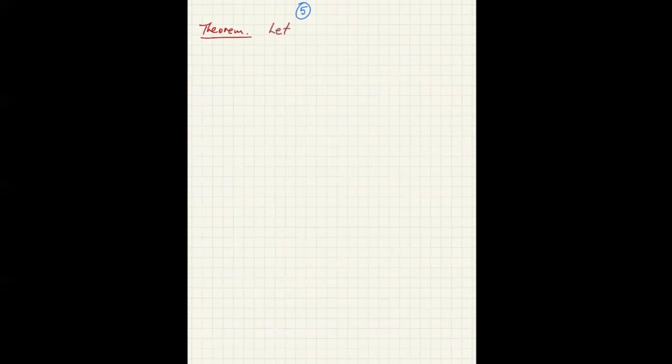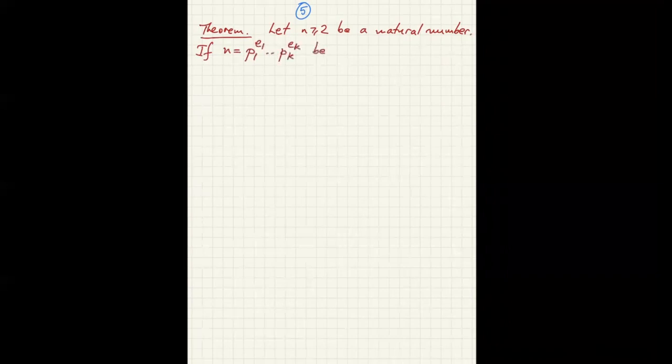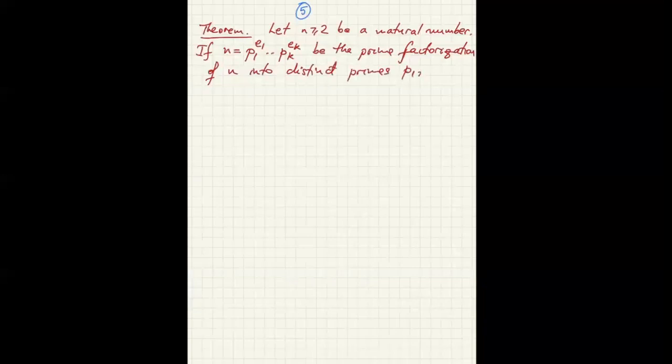So let n be a natural number greater than 1, and let's assume we have a factorization of n into primes: p1 to the e1 through pk to the ek is the prime factorization of n into distinct primes p1, p2, through pk, where the exponents e1, e2, through ek are natural numbers.